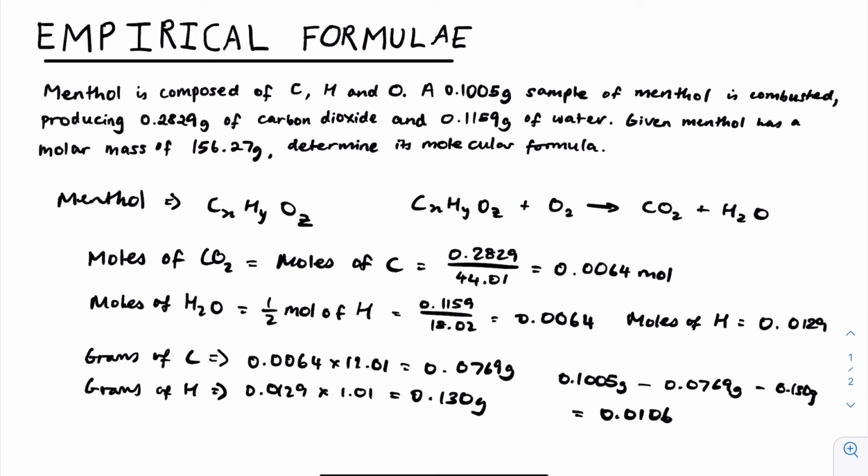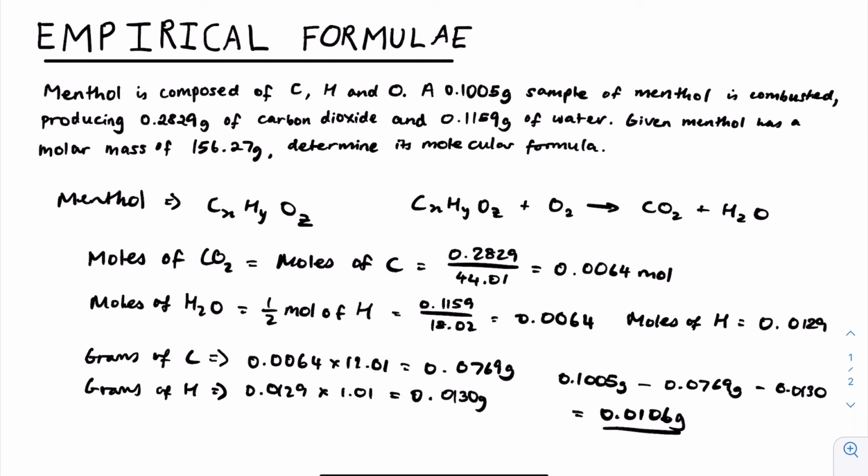Oh, sorry, also I accidentally wrote this wrong. It's meant to be 0.0130. Same thing for this part over here. Sorry for my math. Anyway, so now we have 0.0106 grams of oxygen.